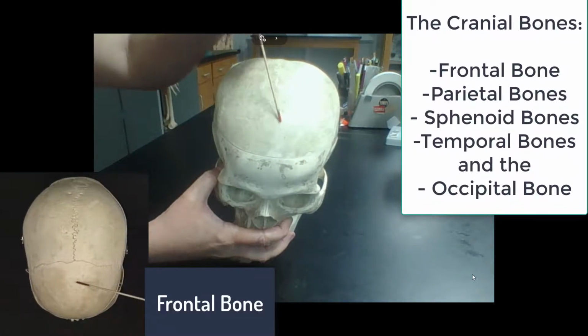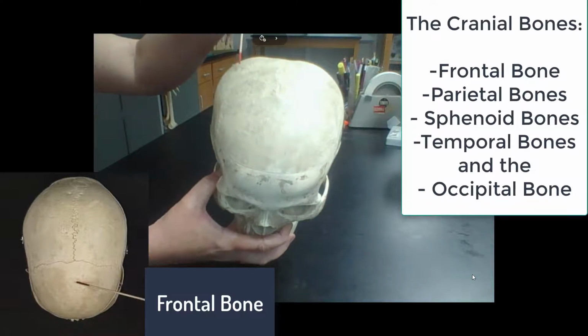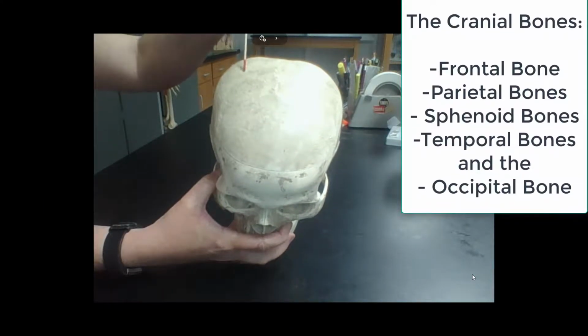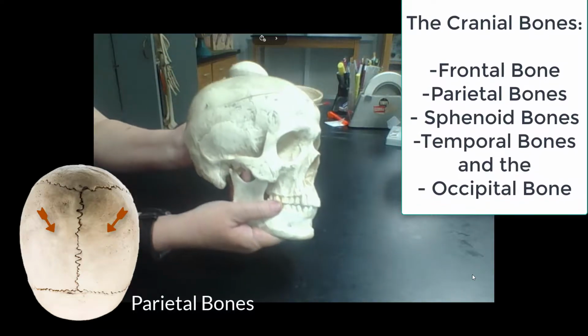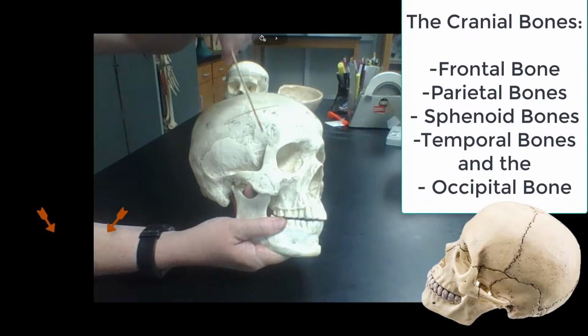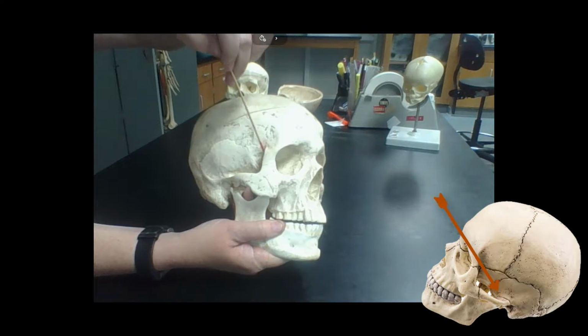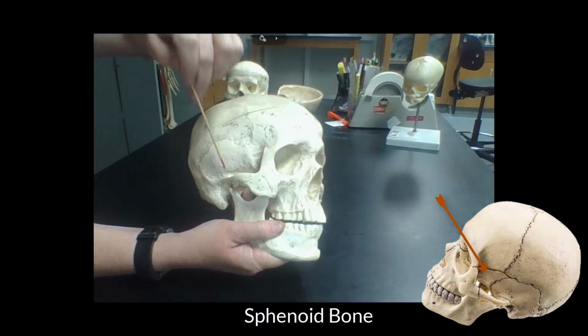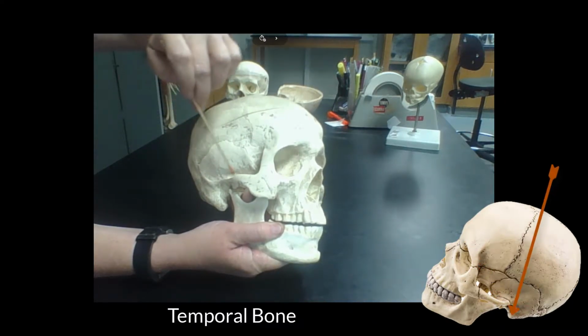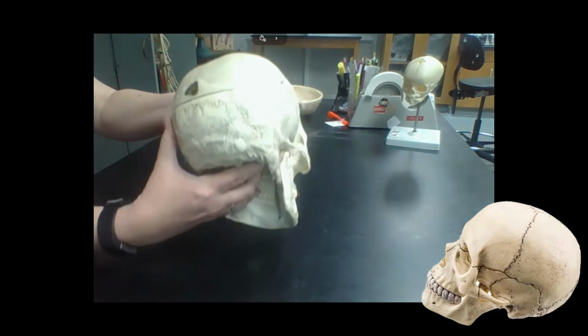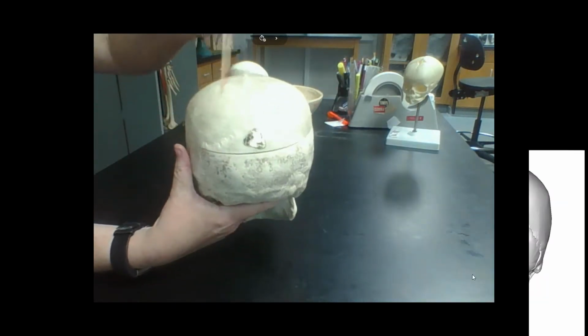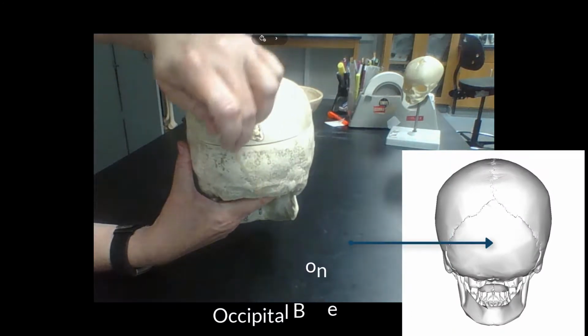You've got your frontal bone here, your two parietal bones, your sphenoid bone, temporal bone, and the occipital bone.